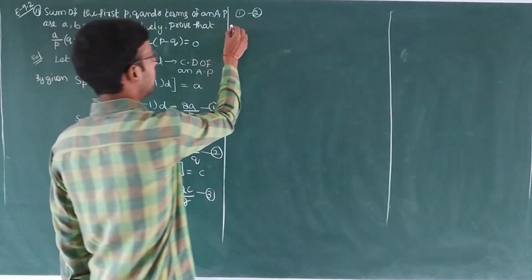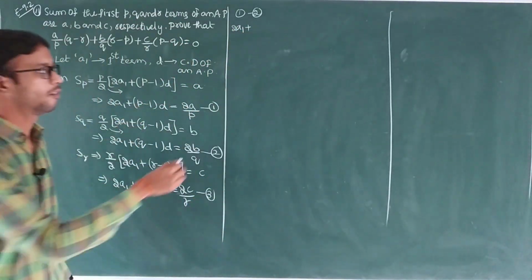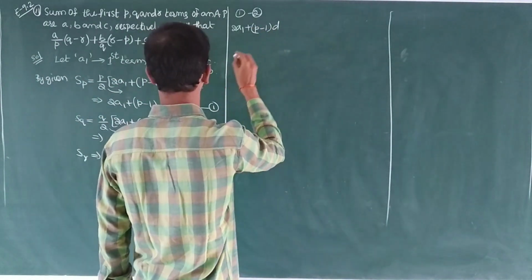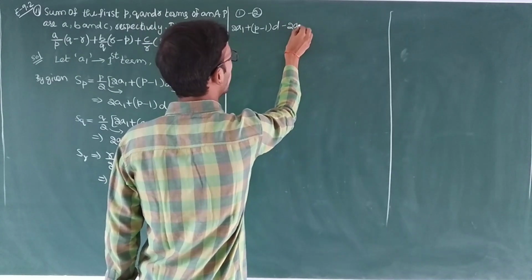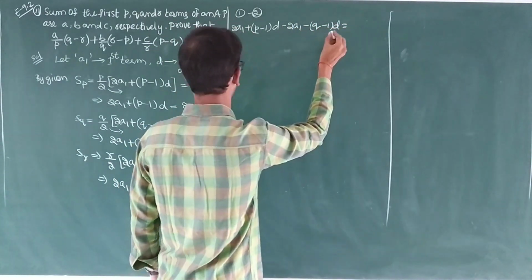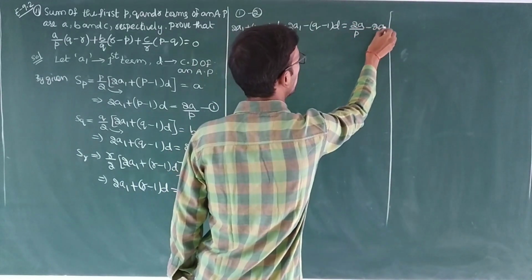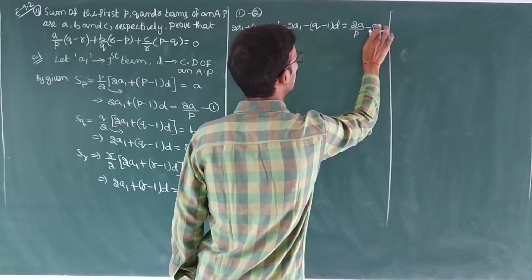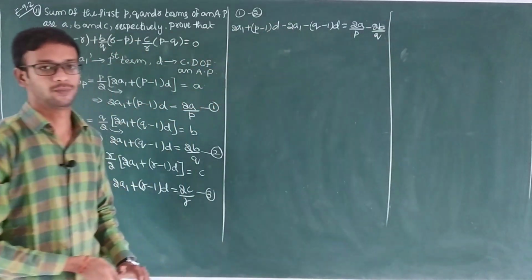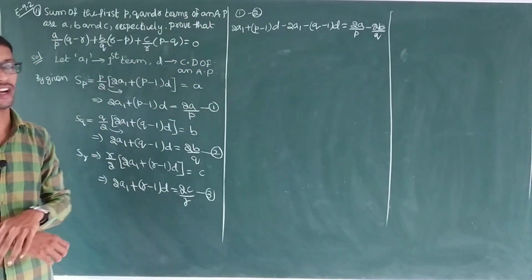I'll write 2a1 plus P minus 1 into d minus 2a1 minus Q minus 1 into d is equal to 2A by P minus 2B by Q. Just left side subtraction, and right side subtraction I wrote there.